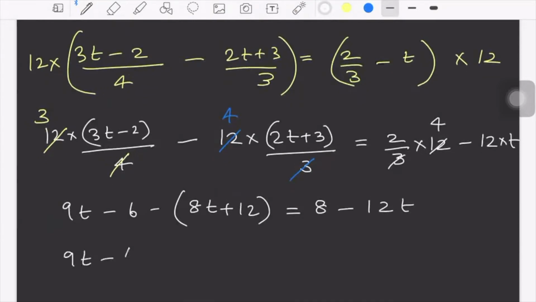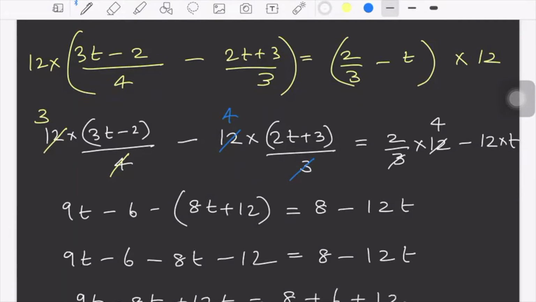So we have 90 minus 6 minus 80 minus 12 is equal to 8 minus 12t. So bring all the variables to one side, the numbers to the other side. So we have 90 minus 80 plus 12t is equal to 8 plus 6 plus 12.